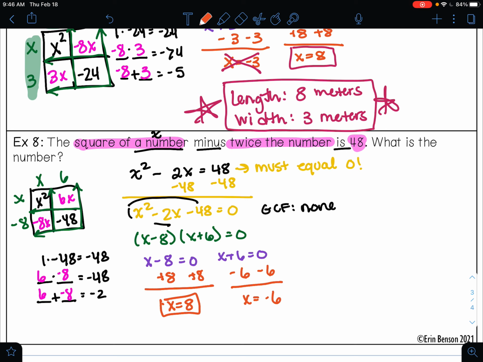The square of negative 6 is positive 36. Minus 2 times negative 6 is negative 12. So 36 minus negative 12 is 48. Both of these work. So the numbers are 8 and negative 6.